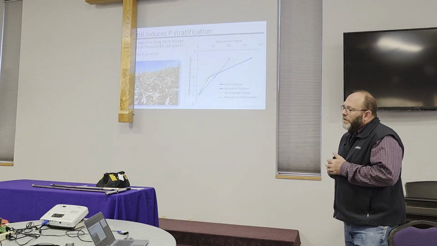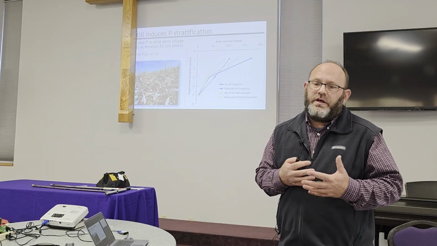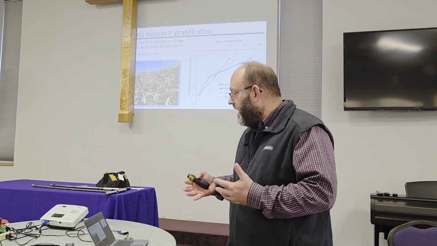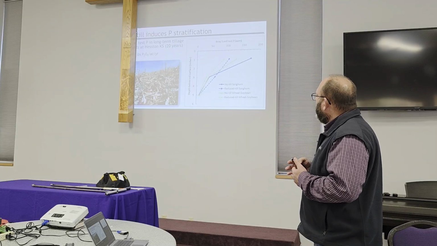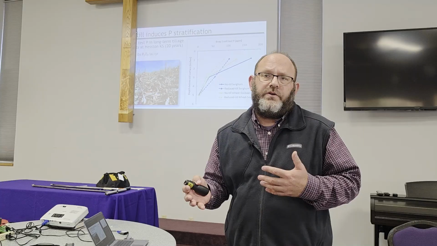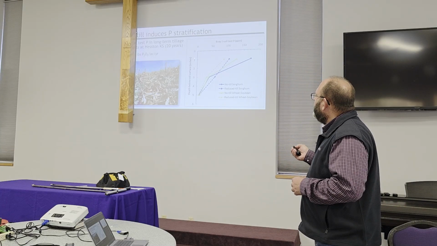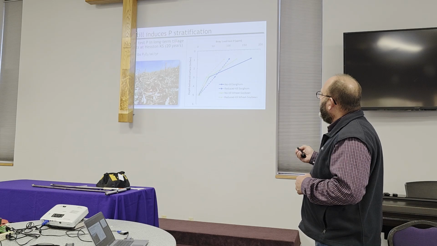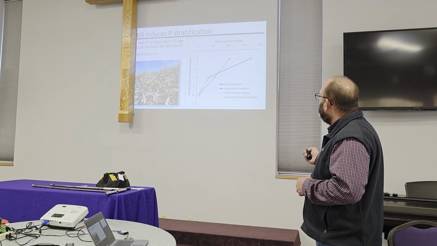And so, the other thing that has been observed, coupled with the pH stratification in long-term no-till, is that we're also seeing phosphorus stratification in long-term no-till. And so this is some work out of Hesston that Mark Clausen did when he was with K-State.